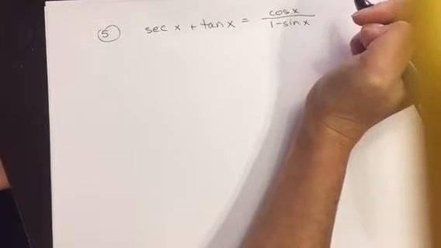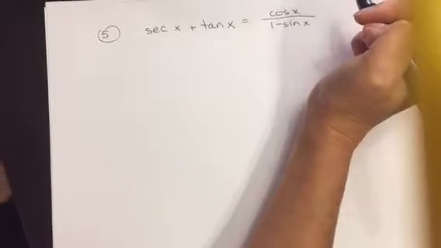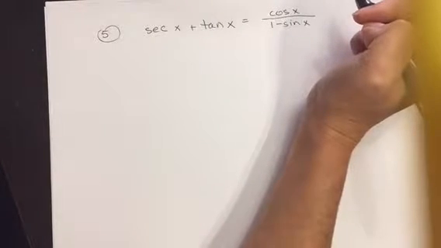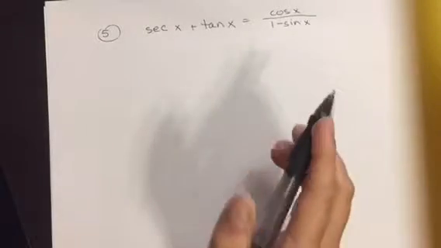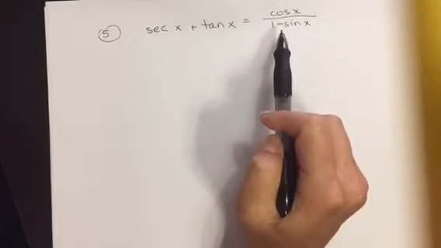Okay, let's see. This one's kind of funky. So what can we do here? We're going to go ahead and use the right-hand side, because we can simplify that denominator.